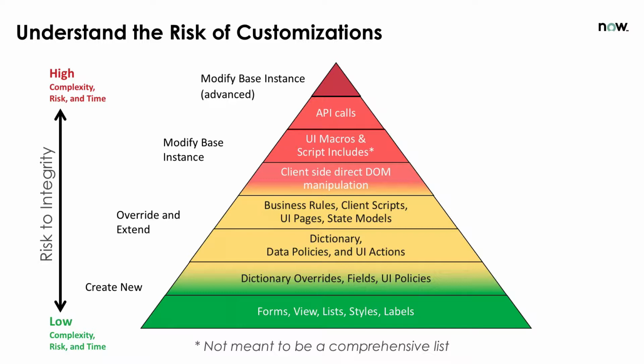One thing I wanted to point out with this, of course, the pyramid is not comprehensive. We can do a lot more types of customization than just those that we see here. However, I did an exercise looking at upgraded instances. And as you know, the skipped upgrades log has gotten pretty out of hand.